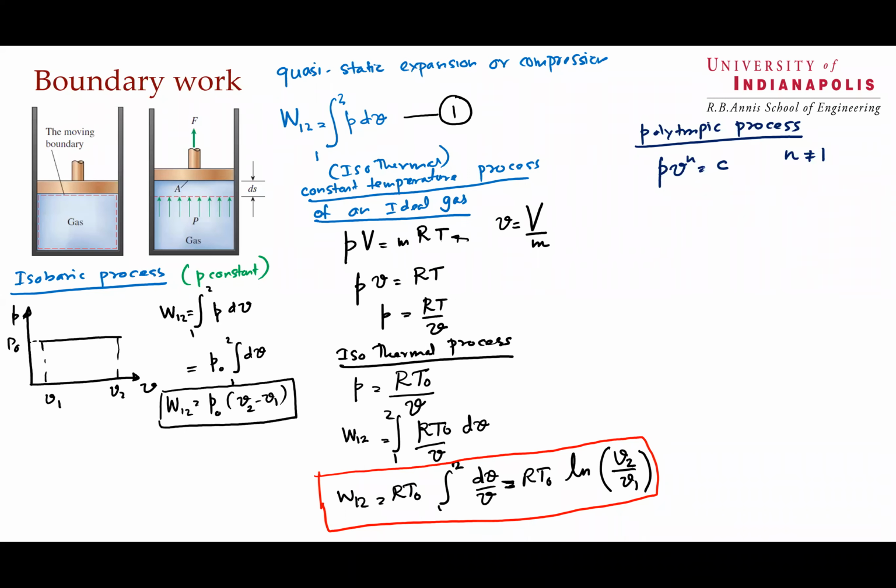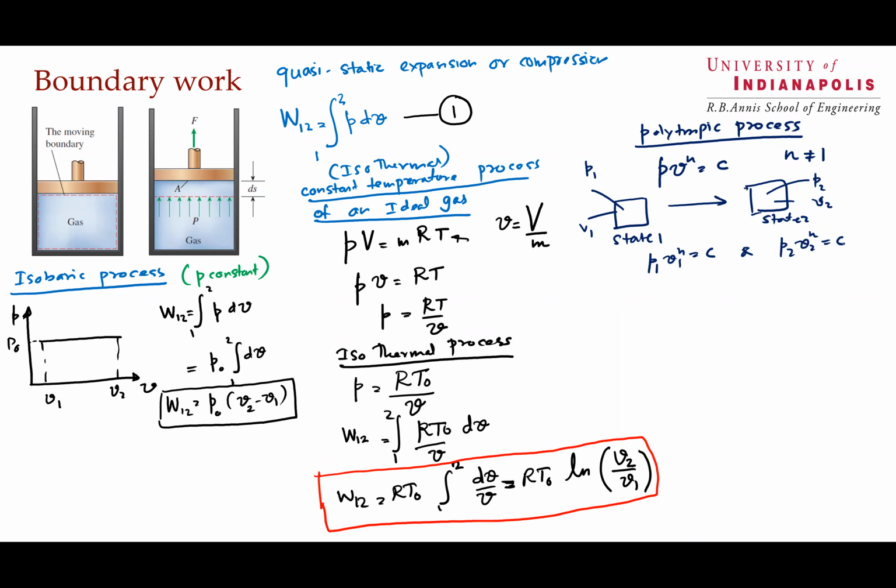This gives us a relationship between P and V. So if you consider that the system changes from state 1 to state 2, where pressure is P1, volume is V1, and pressure is P2, volume is V2, that'll give us P1 V1 to the n equals C and P2 V2 to the power n equals C, right?